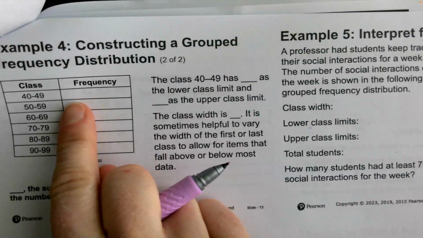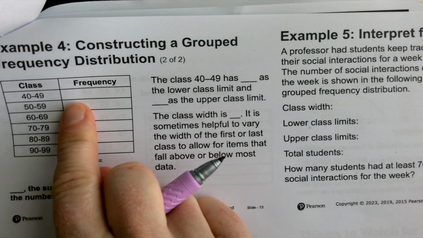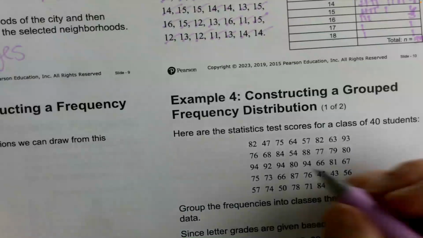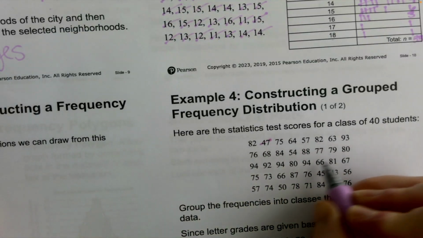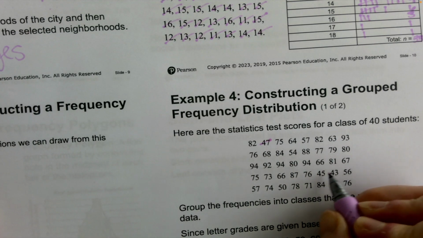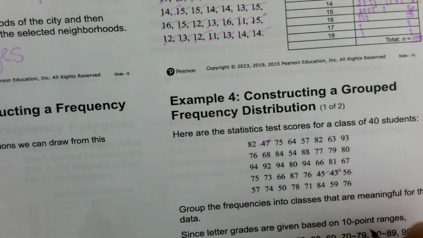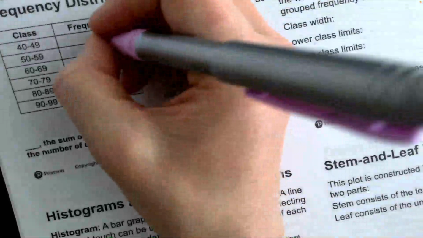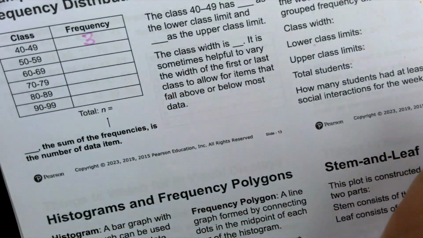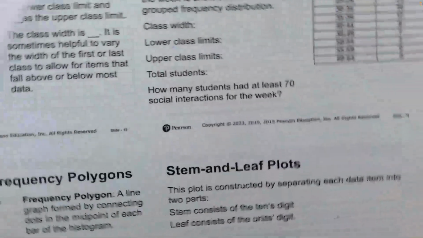So we need to count up how many are between 40 and 49. You need to look and see. We have 1, 2, 3. So 3 are in the 40s. And you could do the same thing where you do the tally marks.